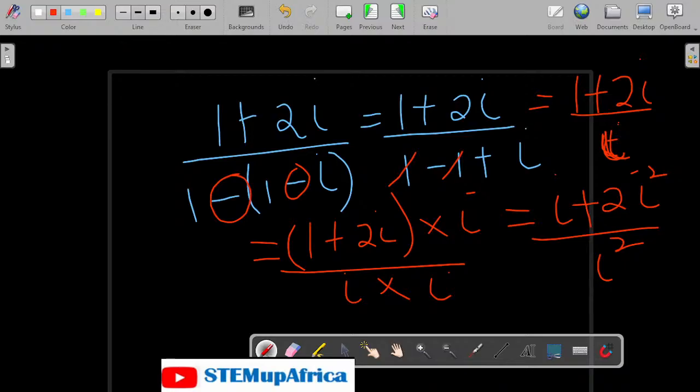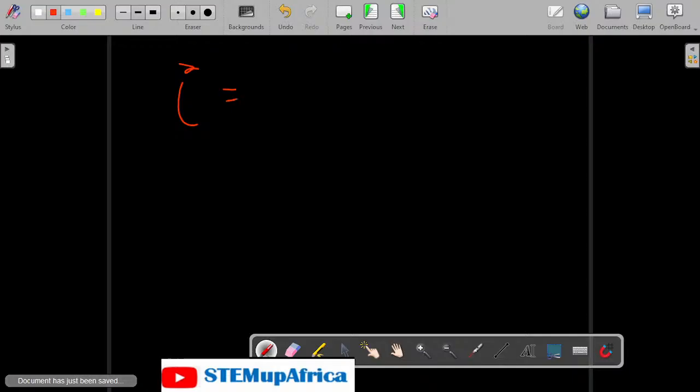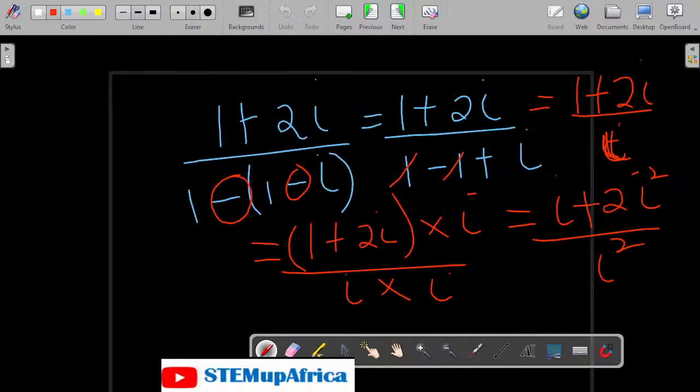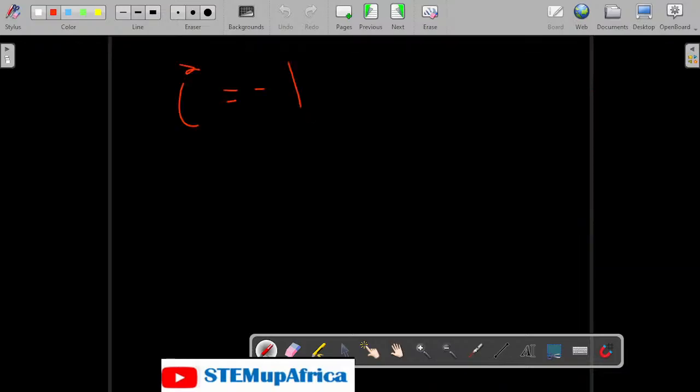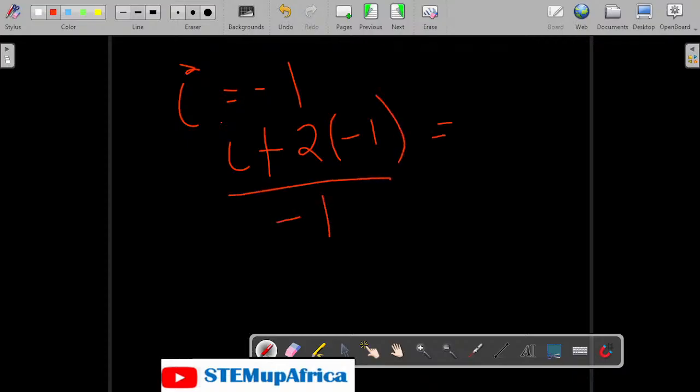Remember what we said earlier, that i squared is simply minus 1. That's what we said earlier when we were treating the first complex number. So I'm going to have i plus 2 bracket minus 1 over minus 1, which is i minus 2 over minus 1. If I divide the numerator by minus 1, the minus will affect each of these terms. That will give us minus i plus 2.